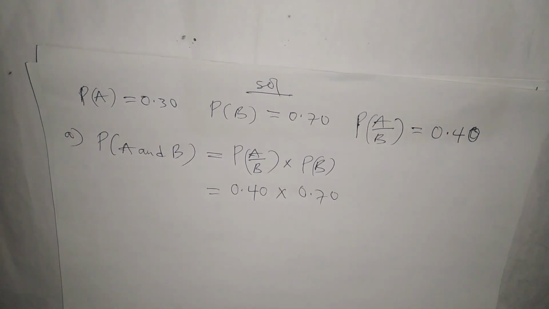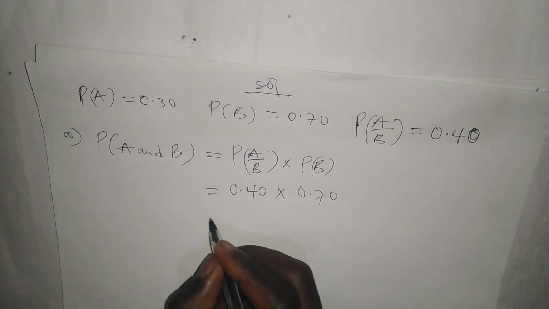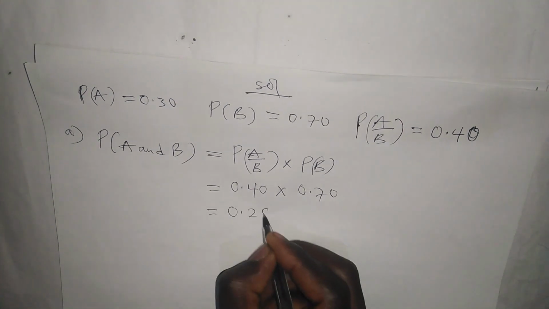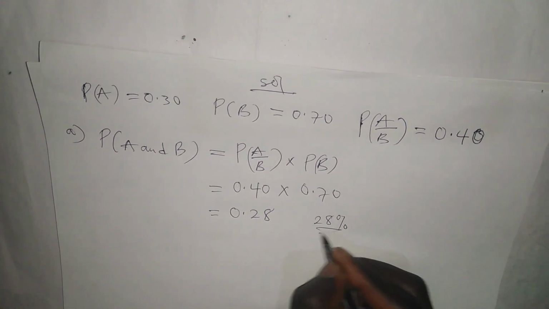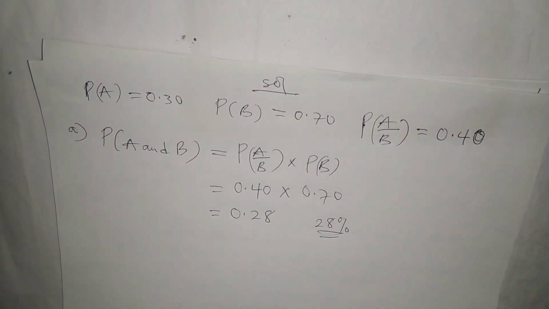When you multiply 0.4 by 0.7, what you have is 0.28, and this is equivalent to 28% when you multiply this by 100. So there's a 28% chance of her enrolling in an algebra and biology course.